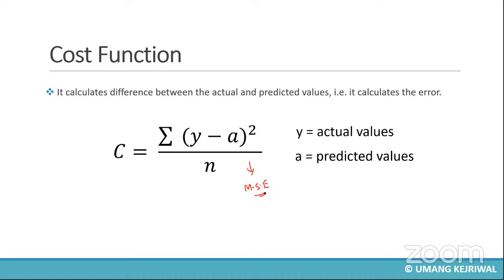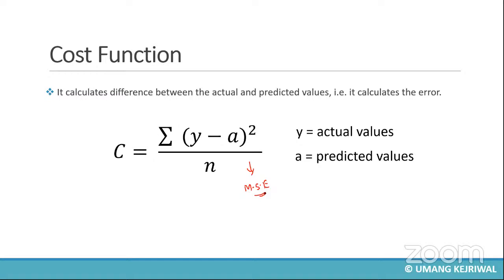So for a simple neural network, you can apply this because it works better in a simple neural network. But in case of a complex problem statement or a multi-layer neural network, it is not recommended to use this because it slows down the learning of the neural network. It makes the neural network slow.